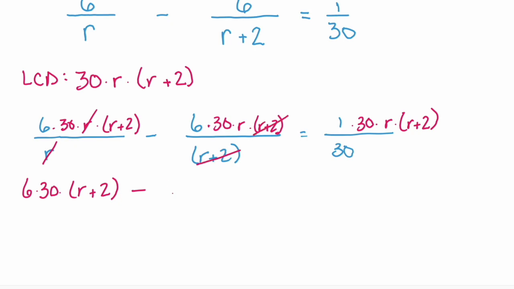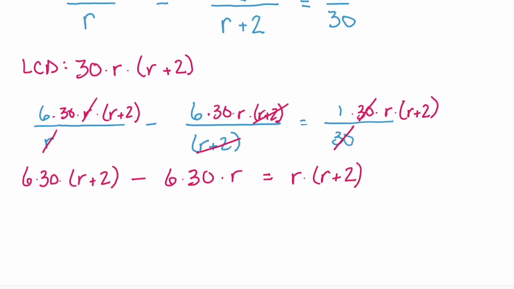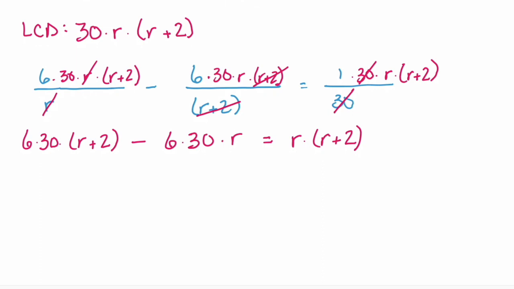So those simplify out, and we have 6 times 30 times r. And on the right-hand side, the 30 in the numerator and the denominator simplify, and we're left with r times r plus 2. Now we just need to distribute, combine like terms, and see where that takes us.